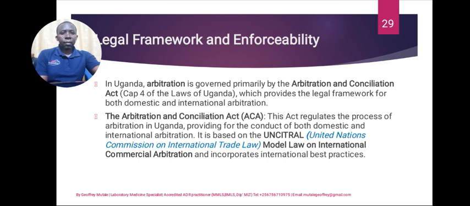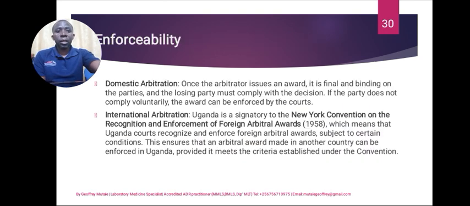The awards, the decisions made by an arbitrator in Uganda, if the seat of arbitration is in Uganda, then whatever is made here can be enforceable even internationally, because Uganda is a signatory. So we have the law, it is enforceable in Uganda, and it can be enforced elsewhere in the world depending on the jurisdiction of a particular country. That is something which we need to take note of.